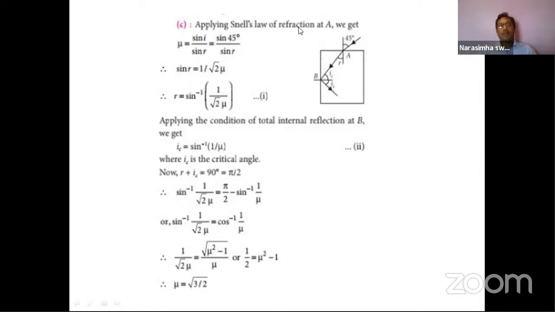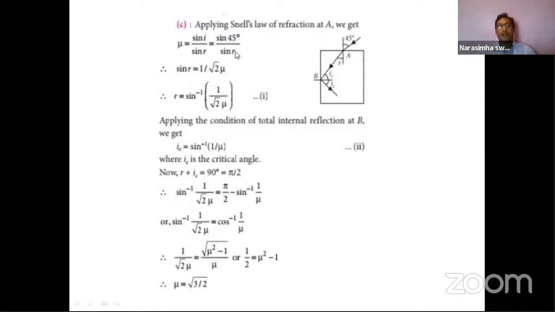Now look at this. Applying Snell's law of refraction at point A: sin i by sin r is equal to mu. Sin i is given, 45 degrees, and sin r we don't know.